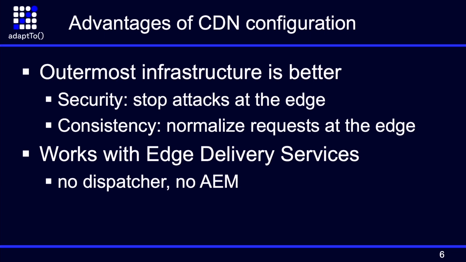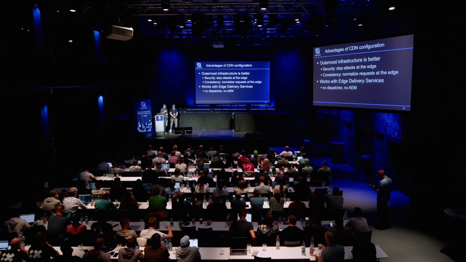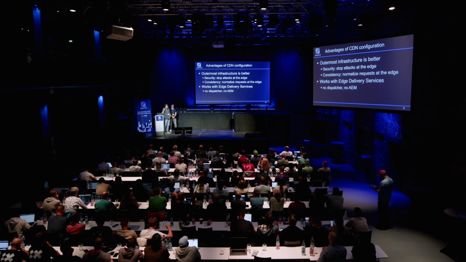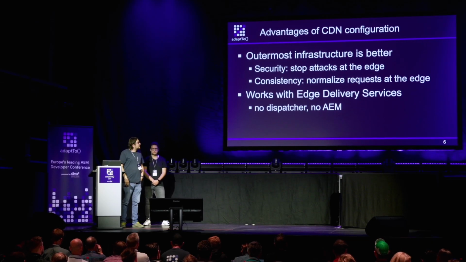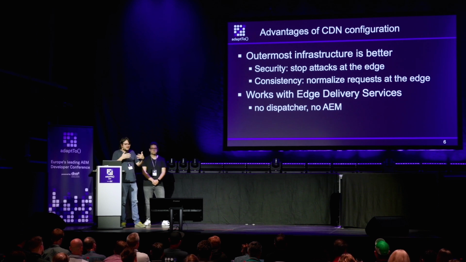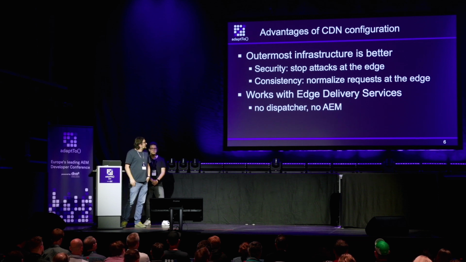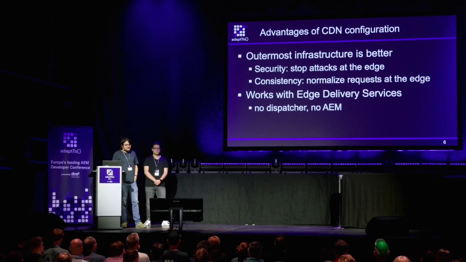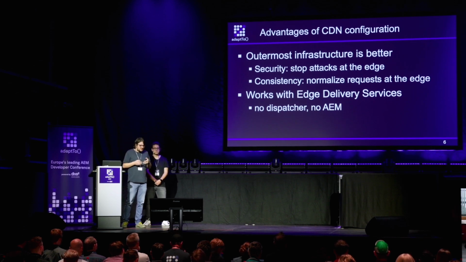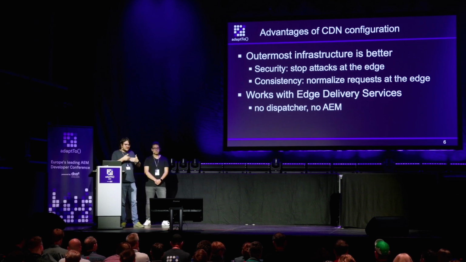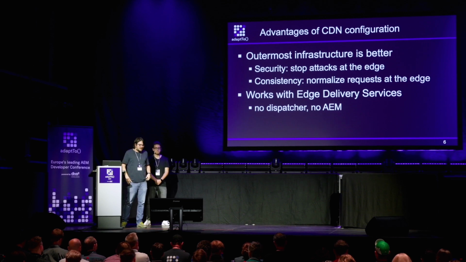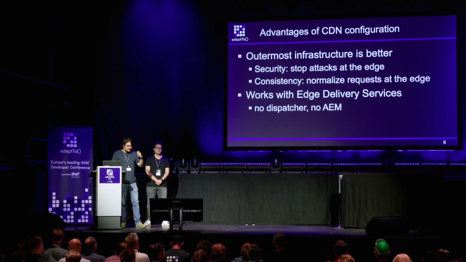But there are obvious advantages of doing this at the CDN. So typically doing things at the outermost piece of infrastructure is better. For security, you should always try to stop the attacks at the edge so that they don't get into the inner layers of the infrastructure. But also if you are doing request transformations or you remove headers, you change the paths, it's better to do it as soon as the request comes in so that your application sees the same request in the whole stack.